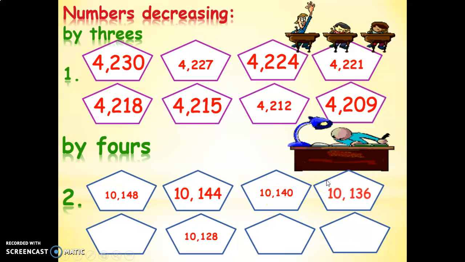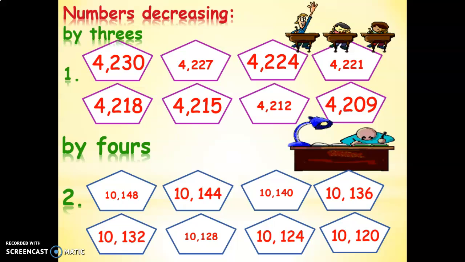The next number is now 10,136. Minus 4 will be 10,132. Minus 4 again is 10,128. Decreased by 4 is 10,124. And the last answer is 10,120. Now I hope that you got every answer correct.